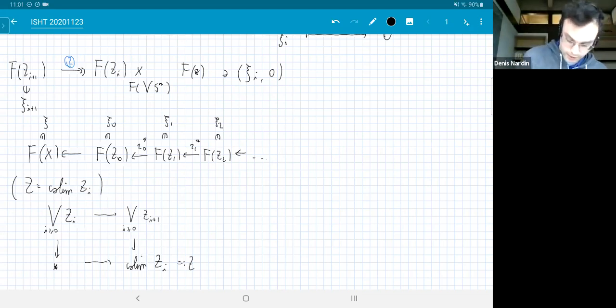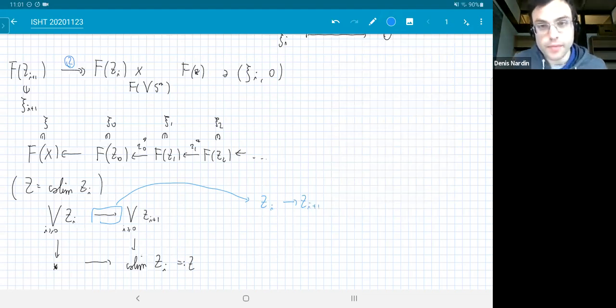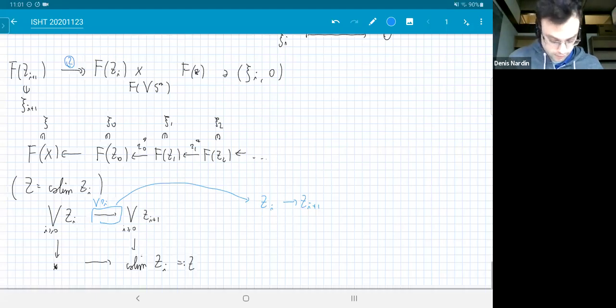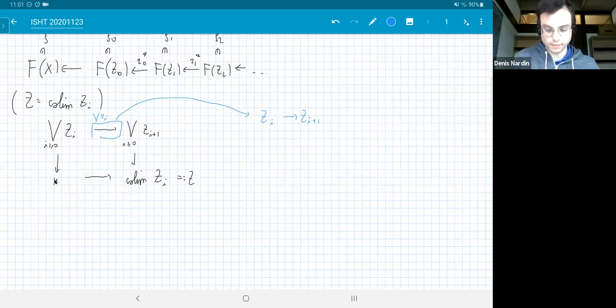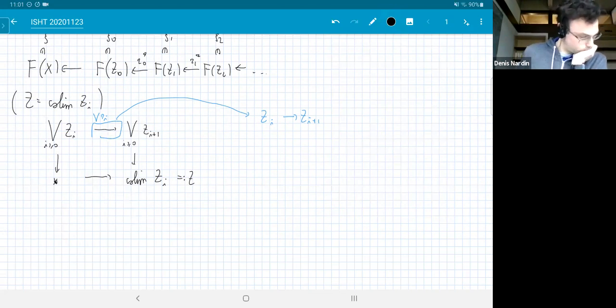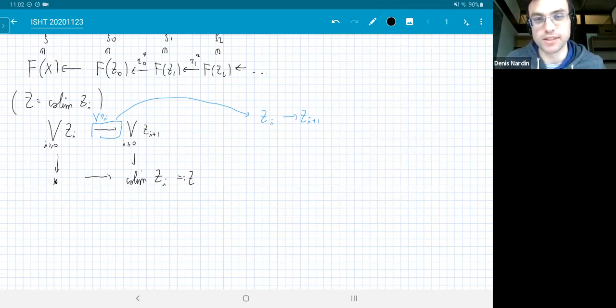Let me be precise, this map comes from the inclusion of z_i into z_{i+1}. It's just a wedge of all these r_i's. Yeah, we don't need it, it's the colimit actually. It's a good intuition that it's the colimit, but it's not actually needed in this proof. So even if we didn't know this formula, it is still working.